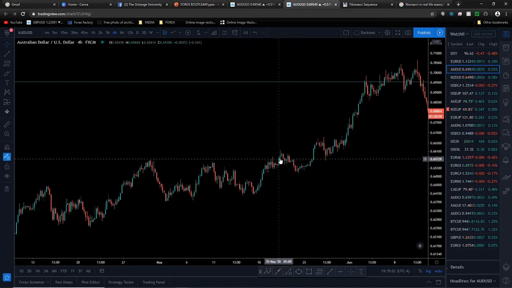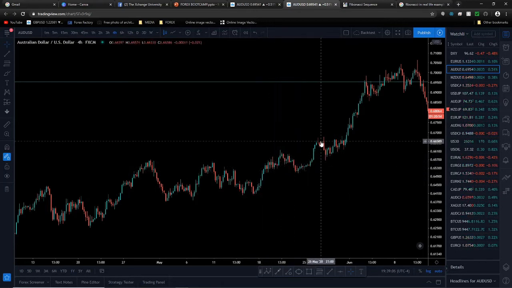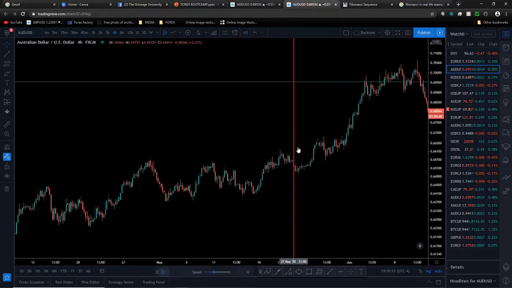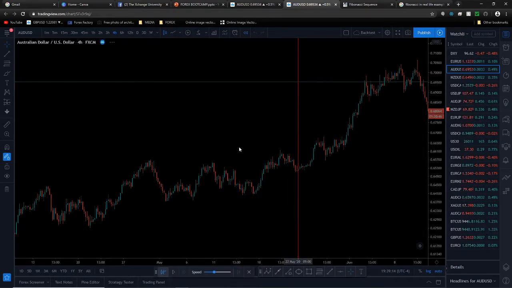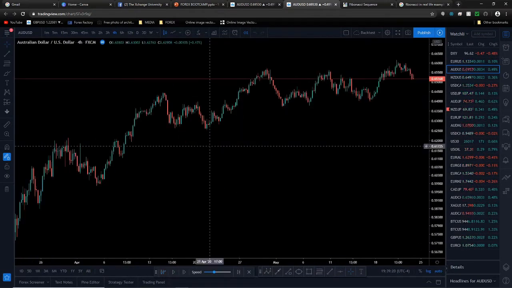Because the market's going up, it retraces, and then goes up. So in real time, we would want to put a Fibonacci from either the lowest point to the next highest point, or from the highest point to the lowest point, also known as swing high to swing low, or swing low to swing high.